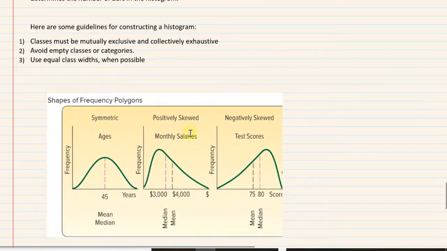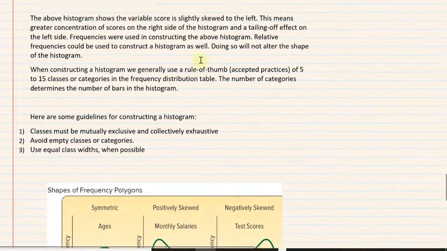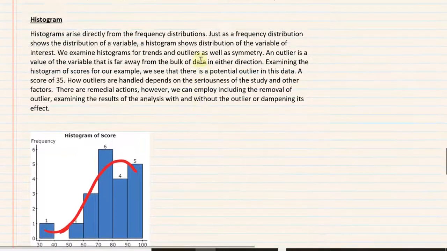Okay, now here I have some guidelines for how we construct histograms. Again, make sure you avoid empty classes, try equal width classes as much as possible, and of course be very careful because these classes must be mutually exclusive and collectively exhaustive. What do we mean? Mutually exclusive means this.